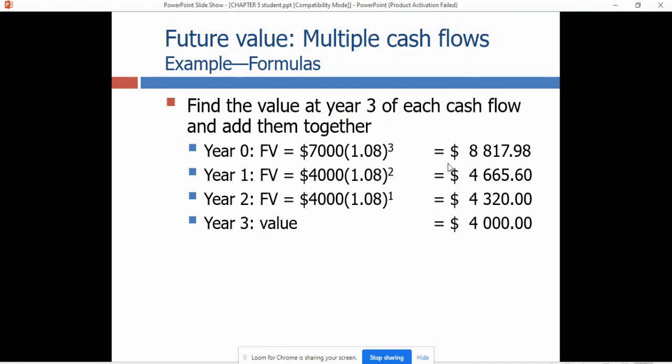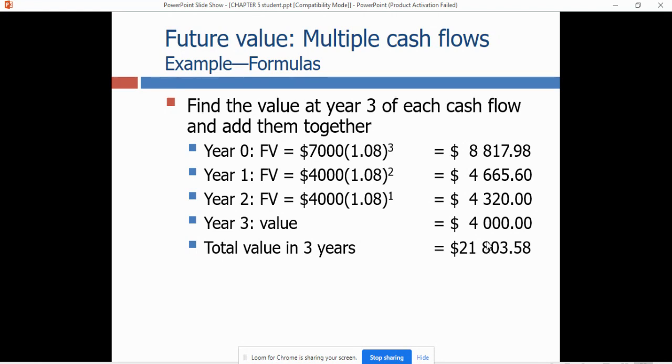All right, so you add all these together, you'll be getting 21,803.58. So that is your total future value. All right, you already have 7,000. The next 3 years you have 4,000, 4,000, 4,000 with the 8% interest rate compounding, you'll be getting 21,000.